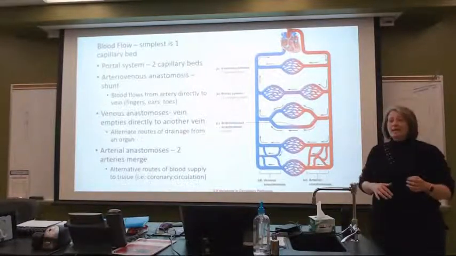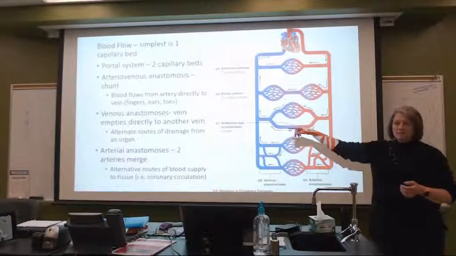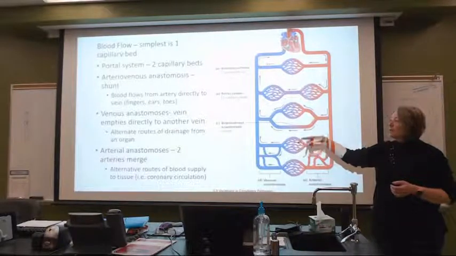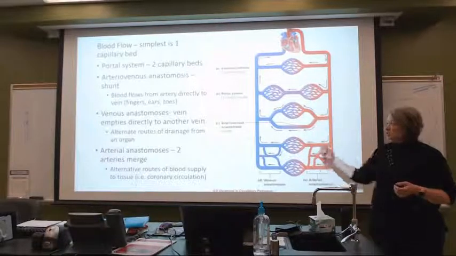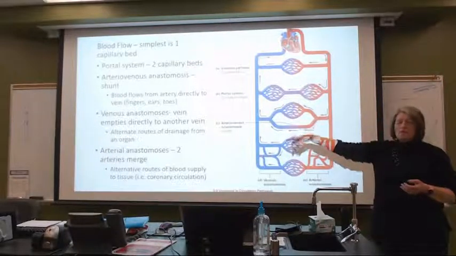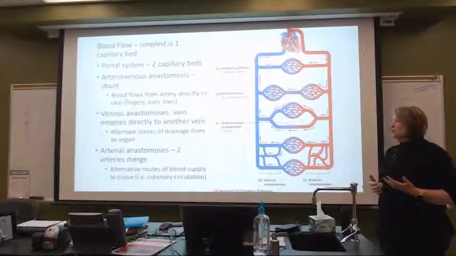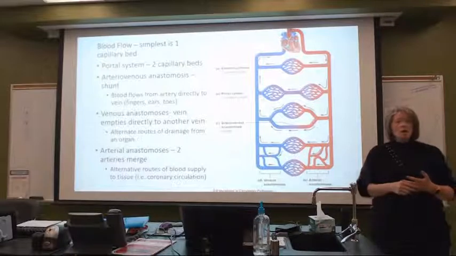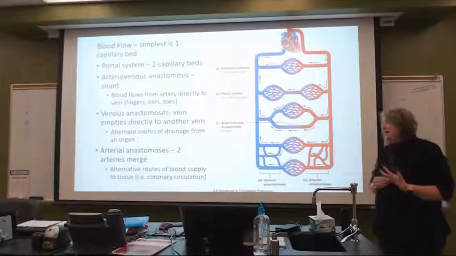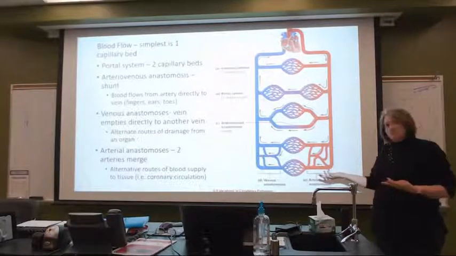We can have just a venous anastomosis. This is where a vein empties directly to another vein. Now, what this allows for is just an alternate route of drainage. It's not that it's very common, okay?